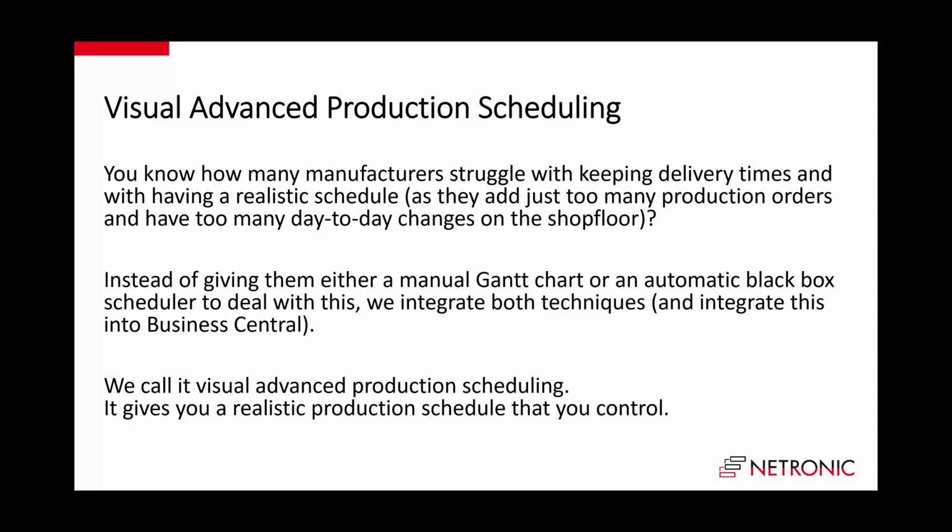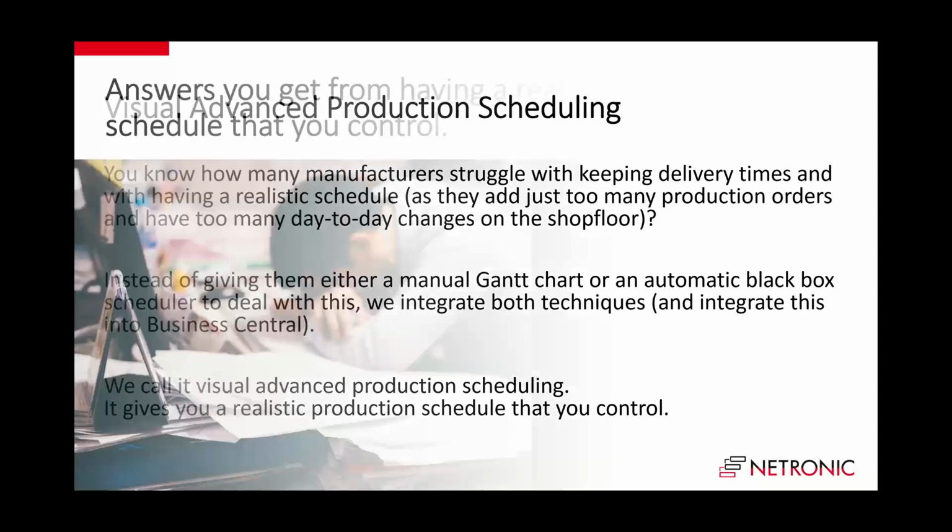It's the combination of manual Gantt chart-based scheduling and algorithmic finite capacity scheduling. The idea is that it gives you a realistic production schedule that you can control, because you have all the tools to control the schedule and all the tools to unveil the magic of the black box scheduler.